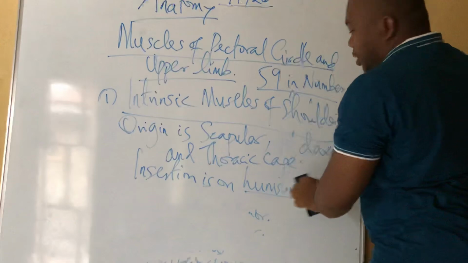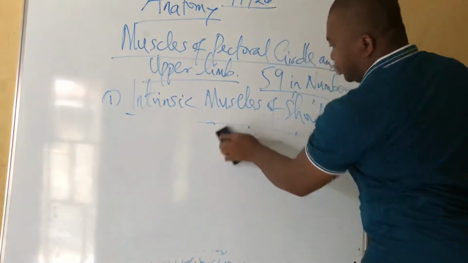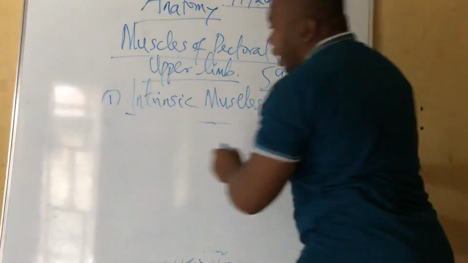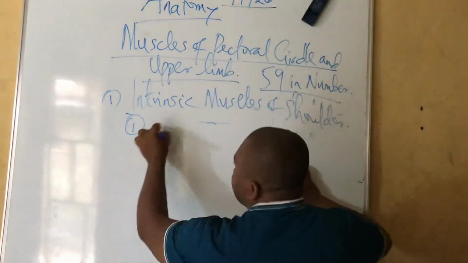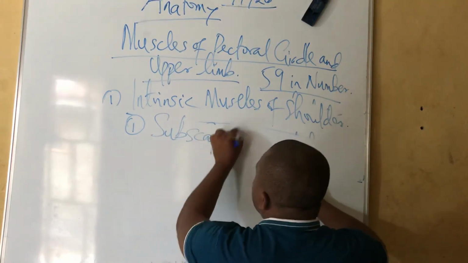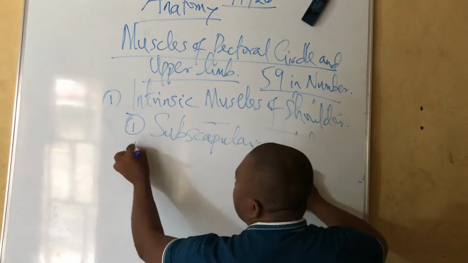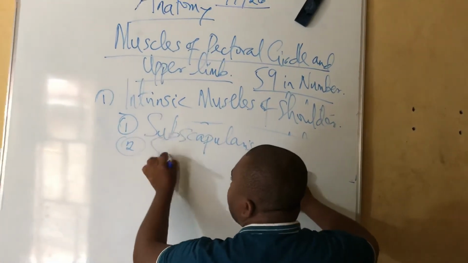So which muscles are there? You have one, the subscapularis. You have two, the supraspinatus.